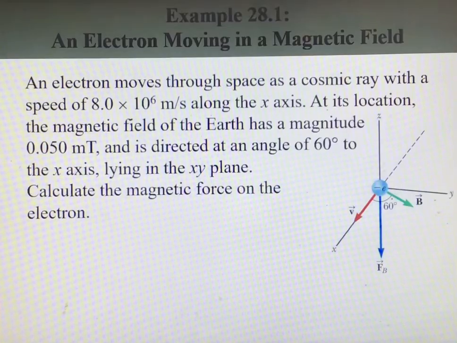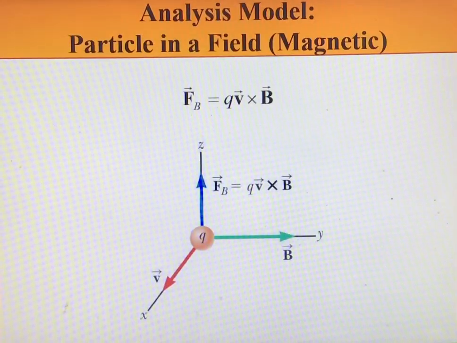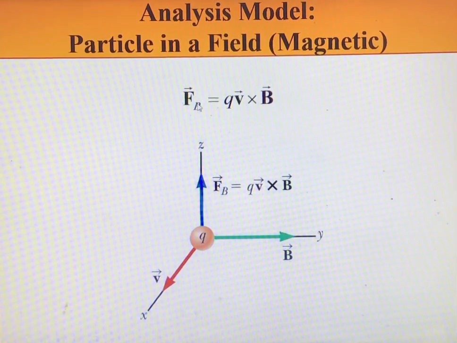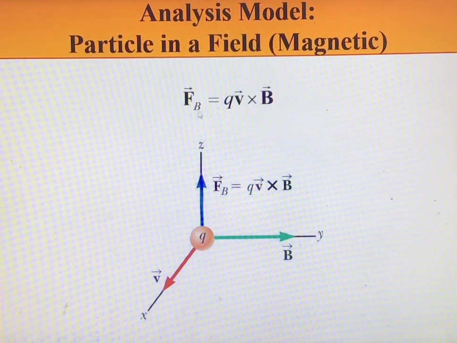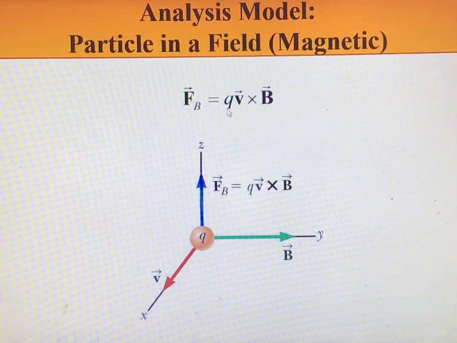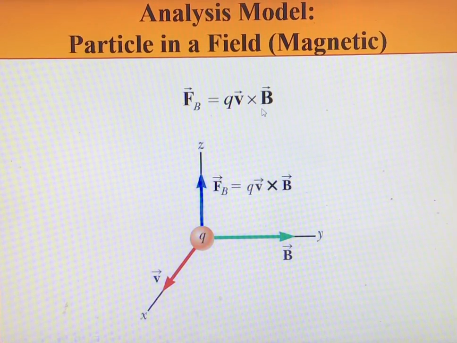All right. So now we're going to look at one example here. Again, we're going to use this equation to calculate the magnetic force on a charged particle if we know what the velocity of the charged particle is and what the strength of the magnetic field vector is.